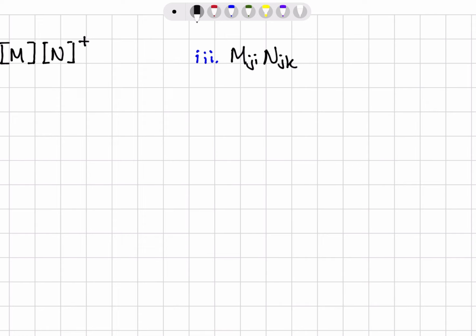Now you can see that representing my M matrix using the subscript summation notation is Mij.